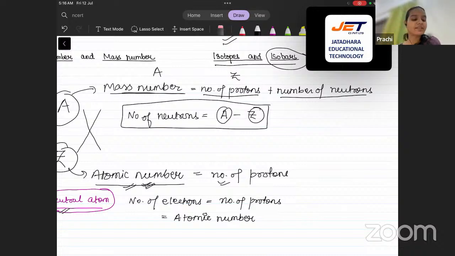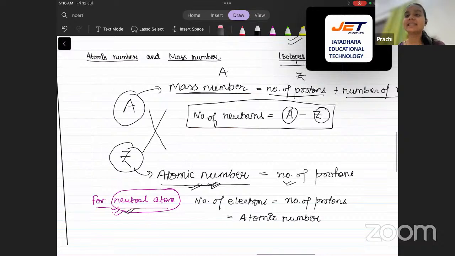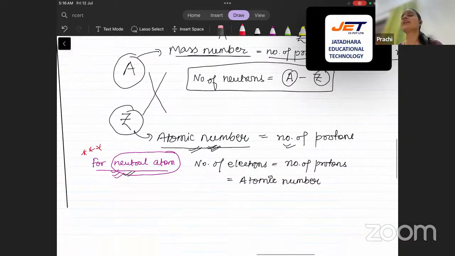So if this is clear to you, these are things you might have learned in your lower classes also. This was a quick brush up of the things that you already know. But you have to specially keep in mind that the number of electrons equals the number of protons, which equals the atomic number only for the neutral atom, right?